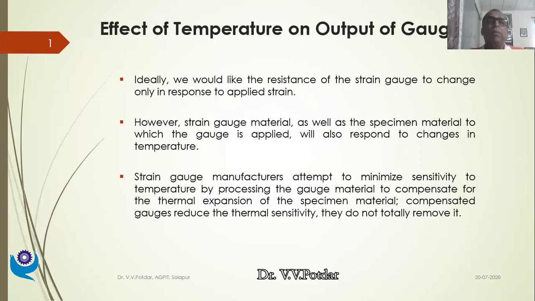Now, up till now, whatever strain gauge circuitry we have seen, we have assumed one major thing. What is that thing that we have assumed? Resistance of the conducting wire changes only because of length changes, isn't it?